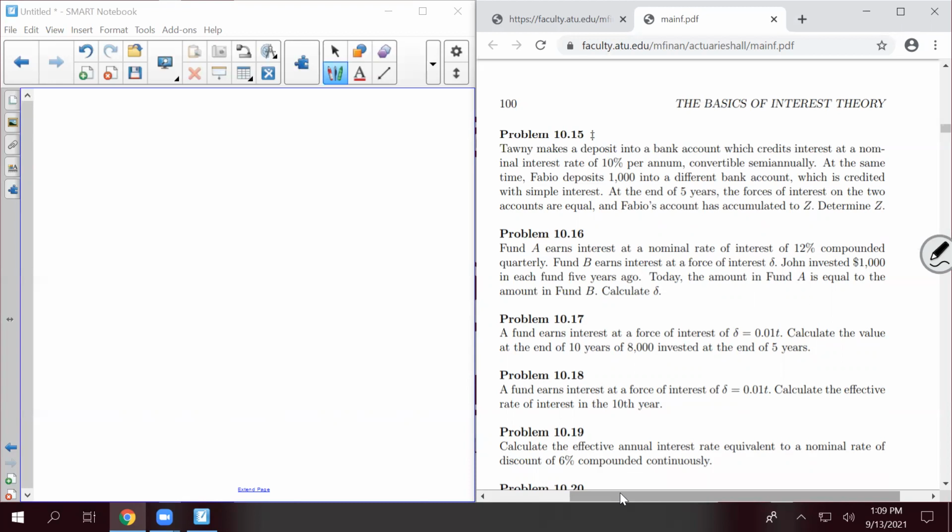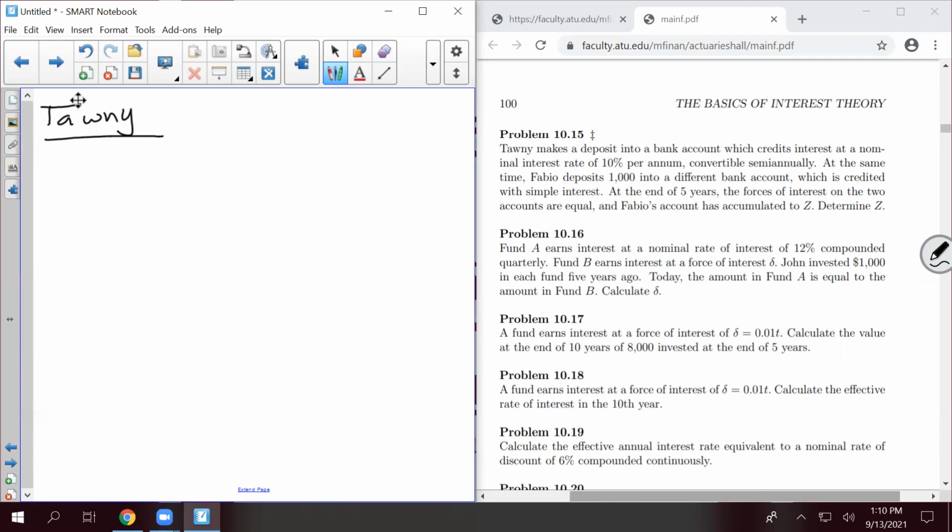Okay. So first, let's see what happens, what is Tony's amount. They don't tell us how much Tony deposits, right?